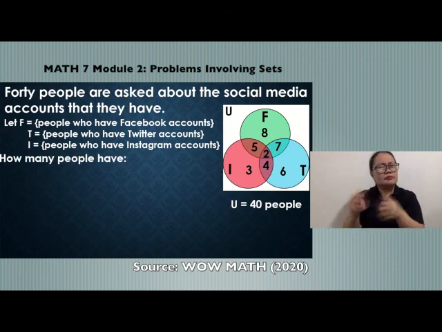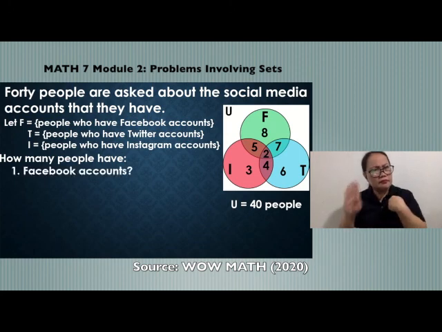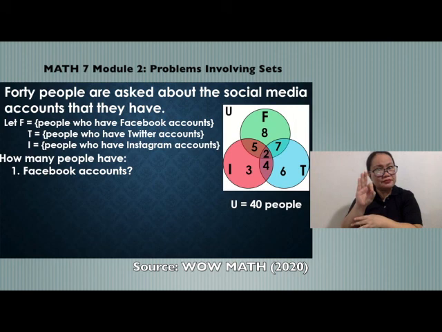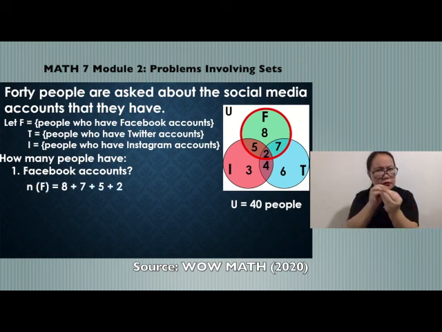So, first, how many people have Facebook account? So, since ang tinatanong ay Facebook account, so lahat ng elements or cardinality ng nasa Facebook account. So, ilan daw ang merong Facebook accounts? So, we have 8 plus 7 plus 5 plus 2, and that is 22.